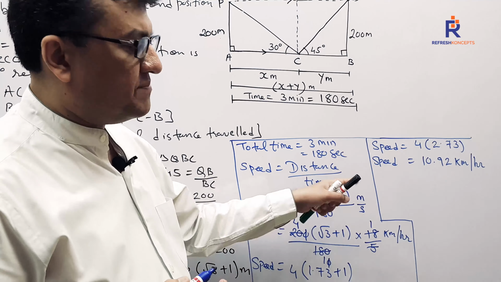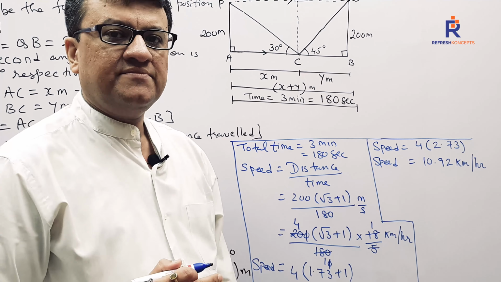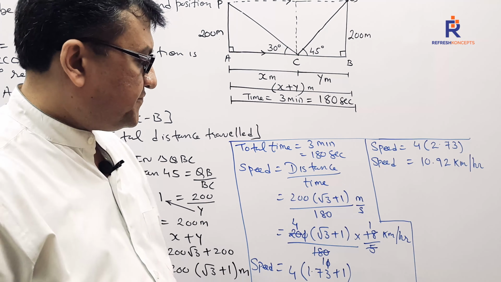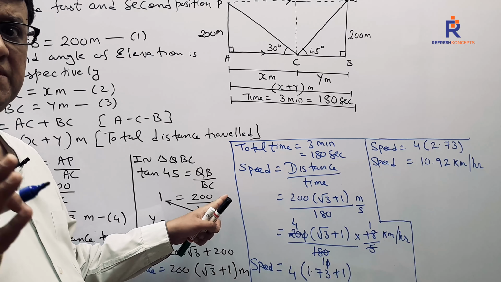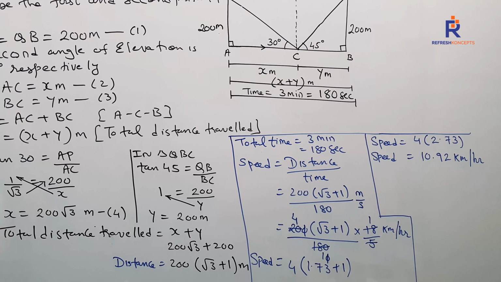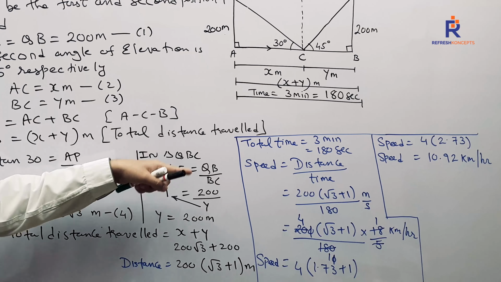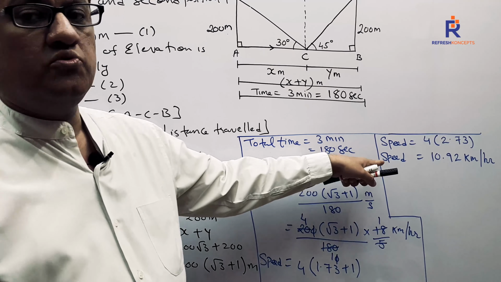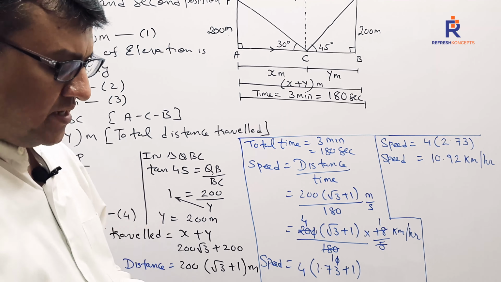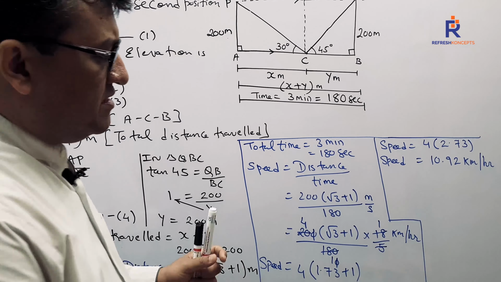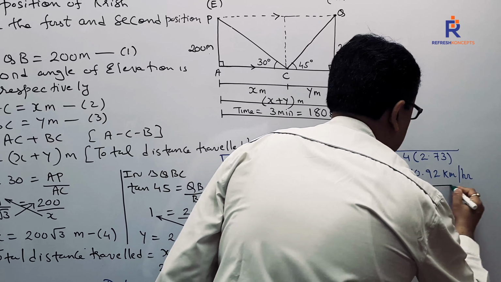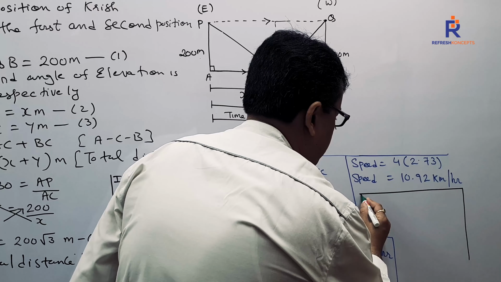I hope you have understood how we calculated the sum and how we finally reached speed is equal to 10.92 kilometer per hour. Now I'm writing with a different marker so that you understand this is only the explanation part.